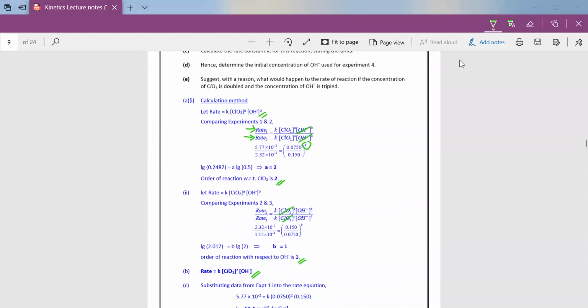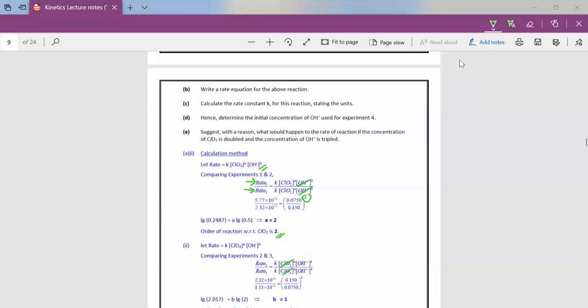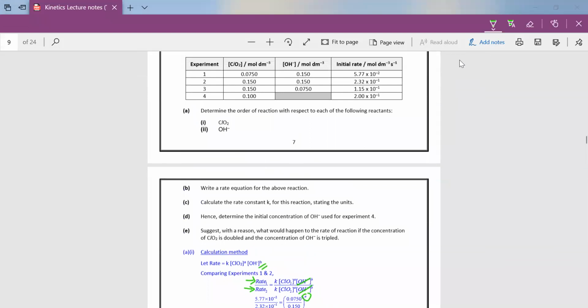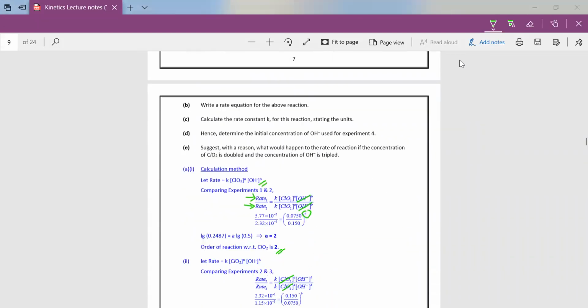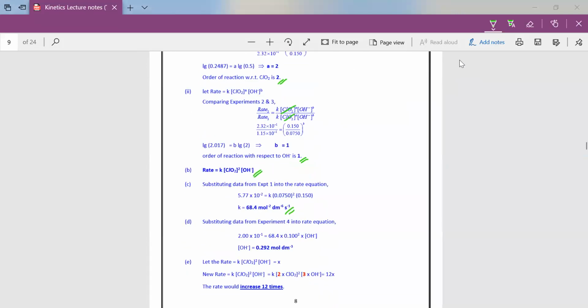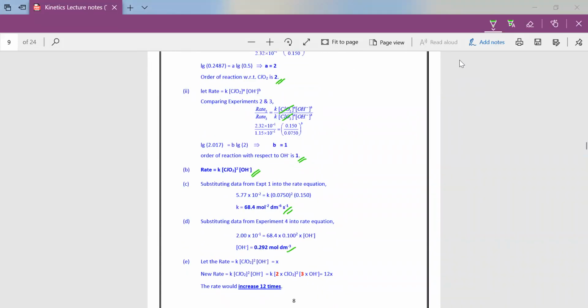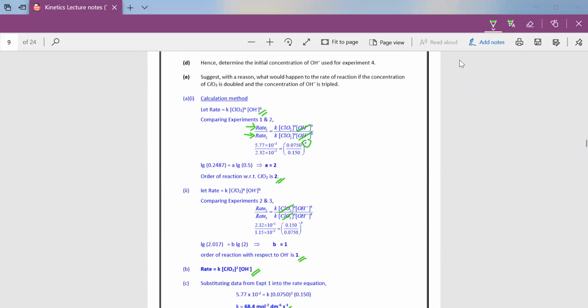Part D asks us to determine the initial concentration of OH minus used for experiment 4. So we sub everything in, including the rate constant, and we are able to find the concentration of hydroxide in experiment 4. And then the last part asks, suggest with a reason what will happen to the rate of reaction if the concentration of ClO2 is doubled and the concentration of OH minus is tripled.